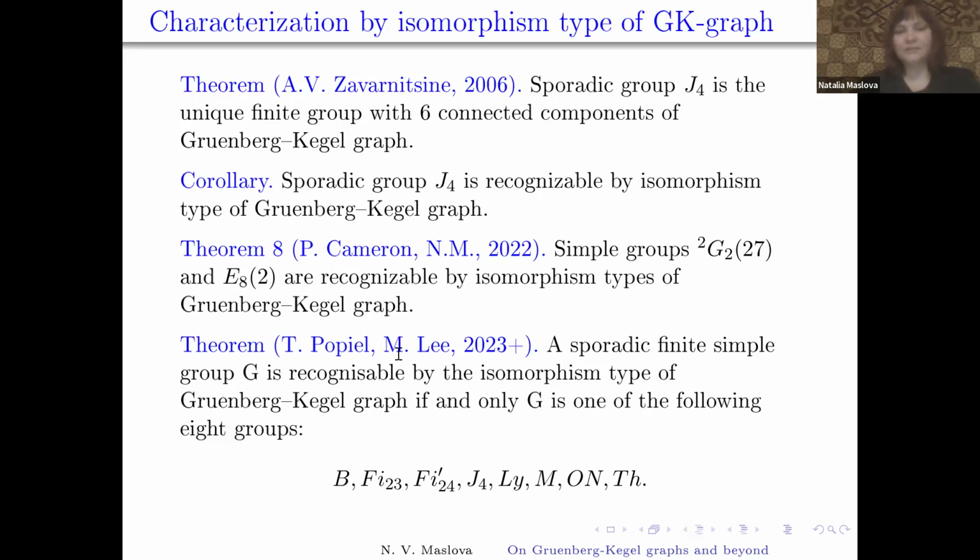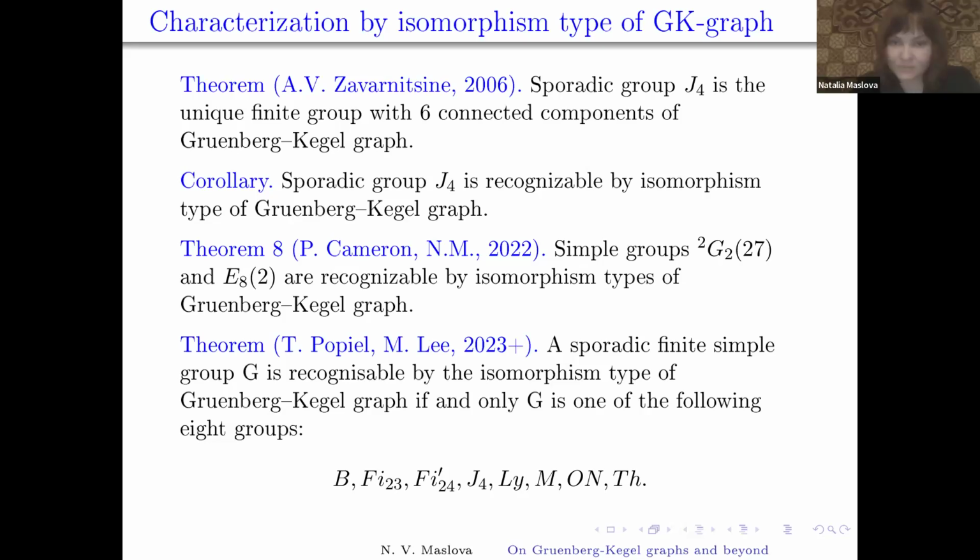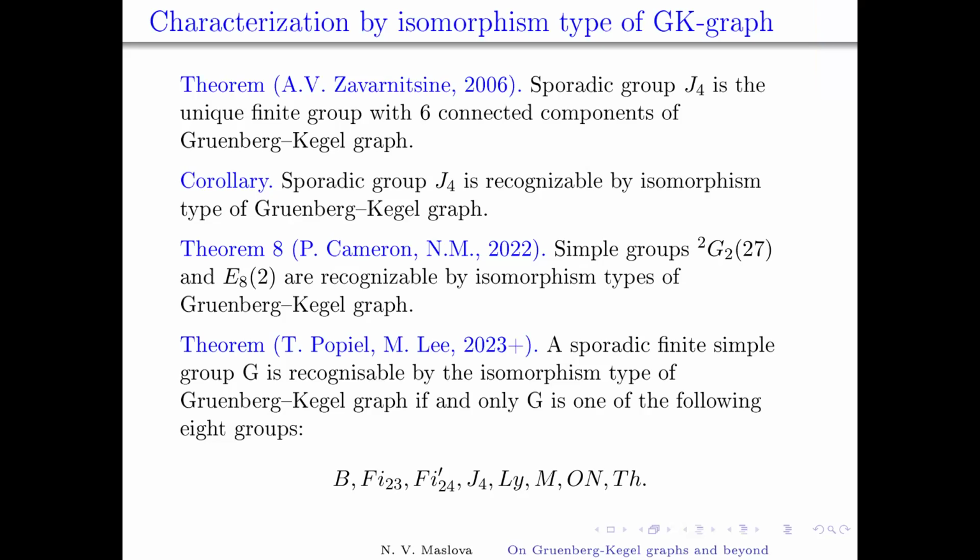And a recent paper, recently published in the Journal of Group Theory by Tom Popiel and Melissa Lee. They completed the solution of the recognition question by isomorphism type of the Gruenberg-Kegel graph for all the finite simple sporadic groups. And who proved the theorem about the monster group? Monster is recognizable by isomorphism type of its Gruenberg-Kegel graph. Who proved it?